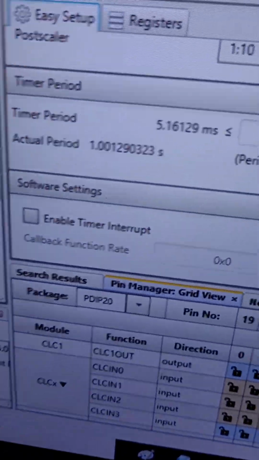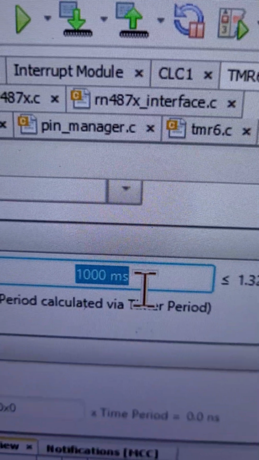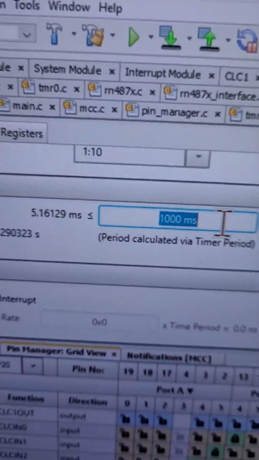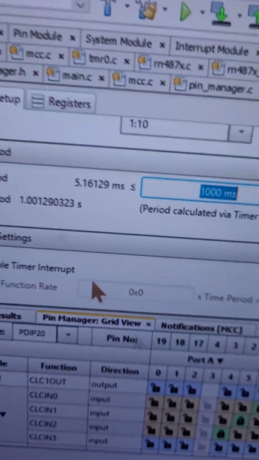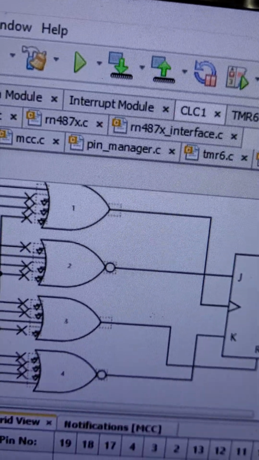And you can find out from here why. Because this square wave with a period of 1 second is being input to here. Let me expand.